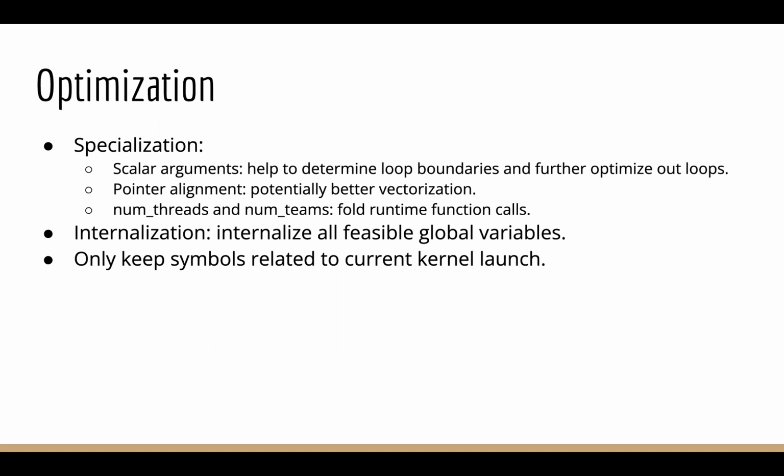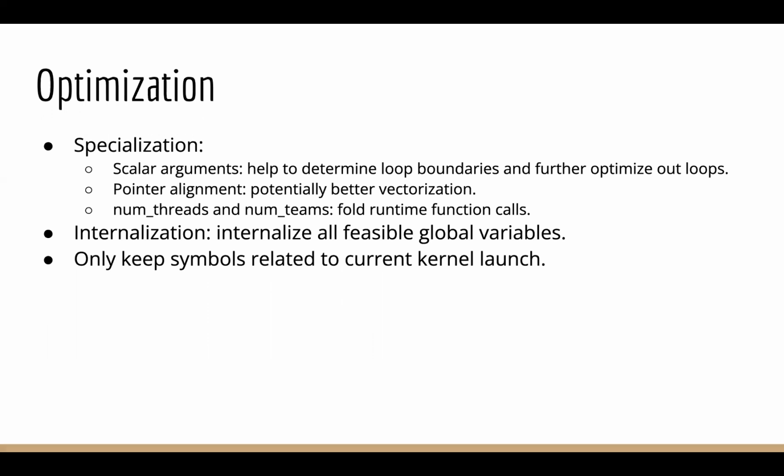There is information that is very important, which is alignment, because the compiler has an assumed number. But usually it is more. We have a better alignment at runtime. We can know that. So we just replace all of the pointer alignments, and potentially it can get us better vectorization.